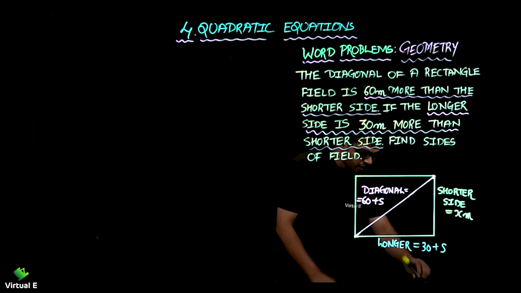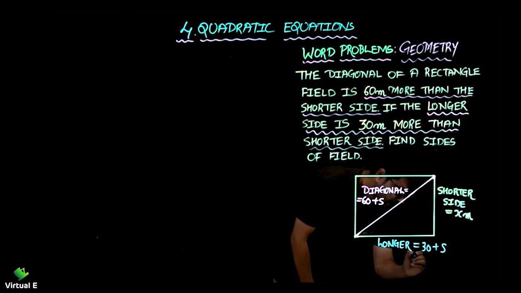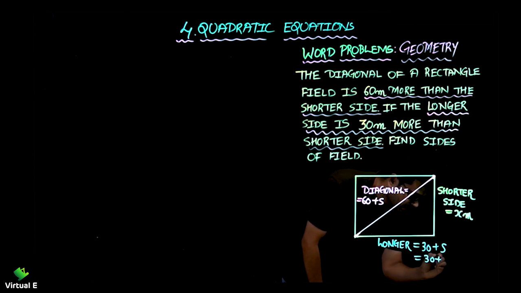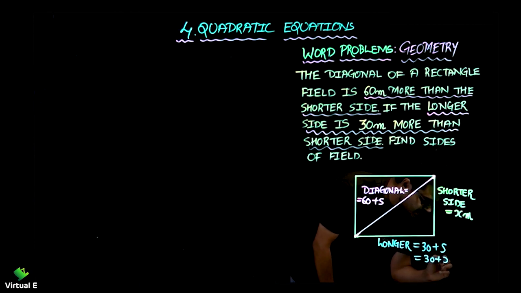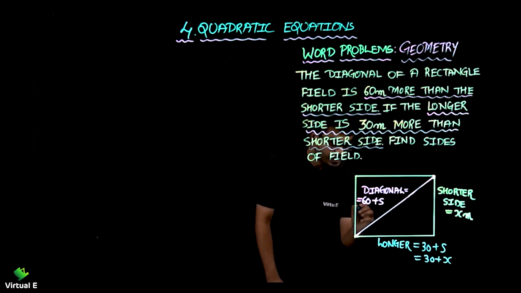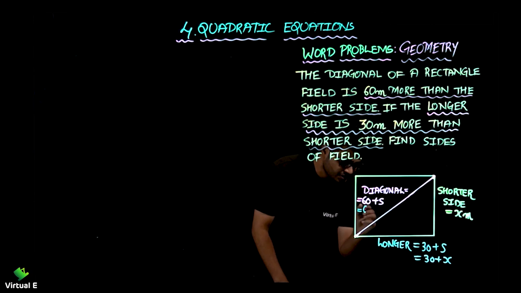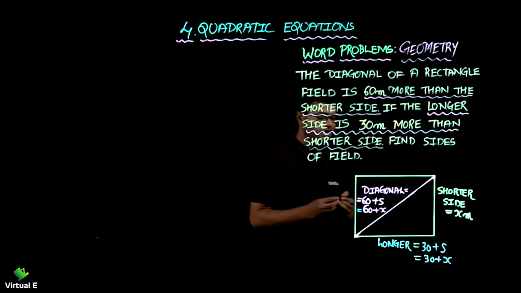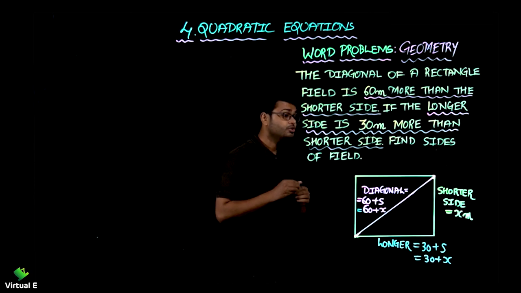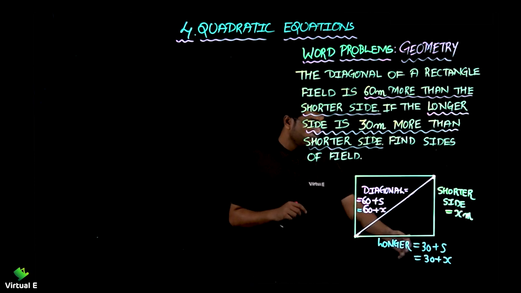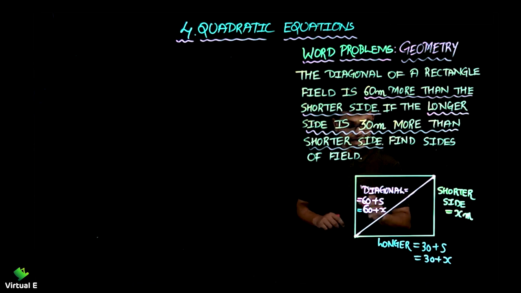So what will be the longer side? The longer side will be 30 plus x, and the diagonal will be 60 plus x meters.